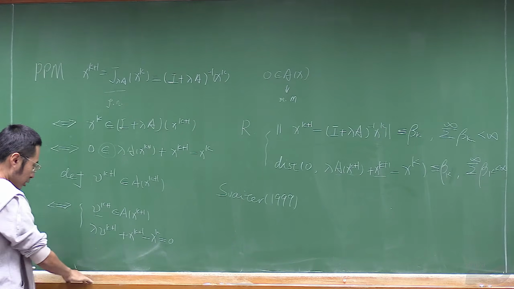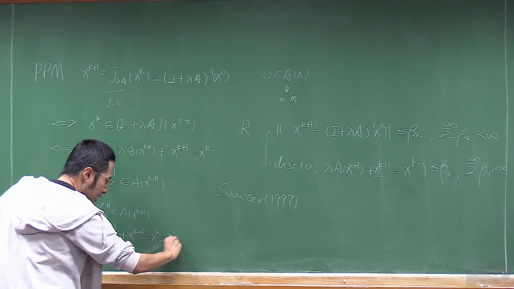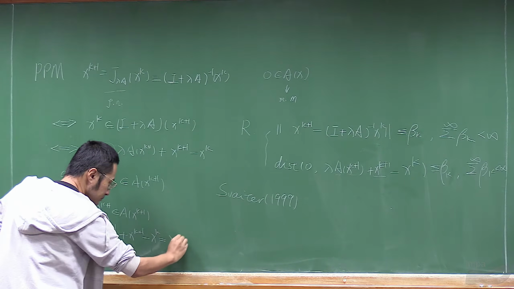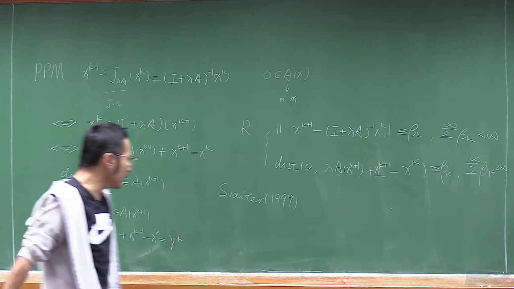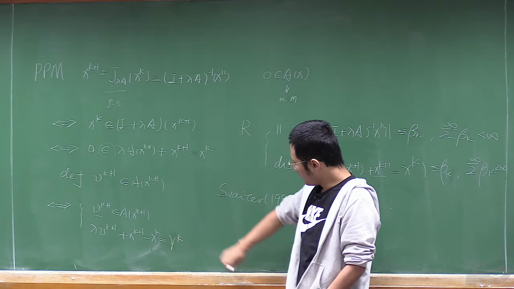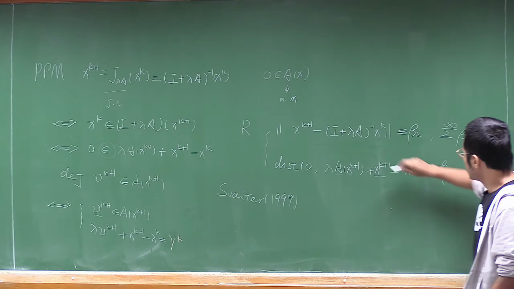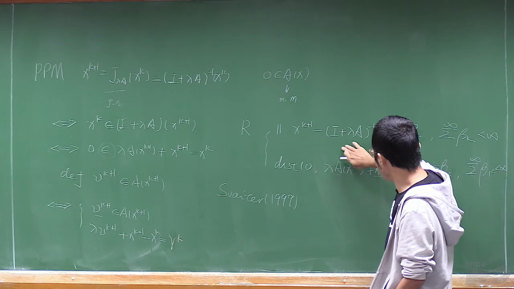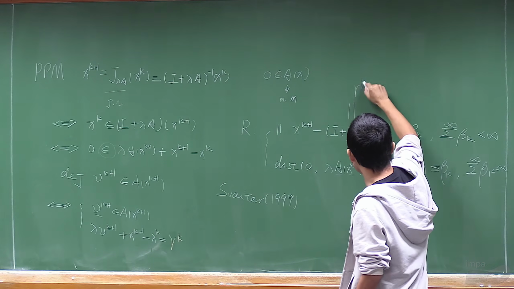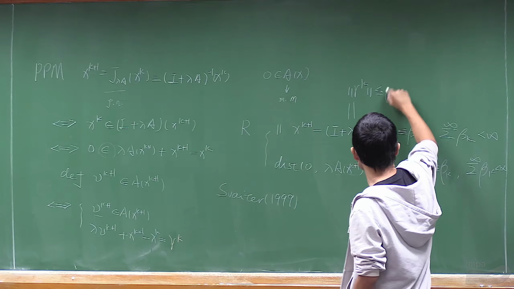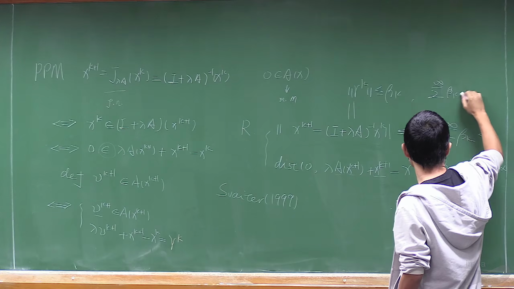But if we assume we have an error here, a residue rk, then based on this system, we can write this absolute error criterion as: the norm of rk is less than beta k, and beta k is still summable.